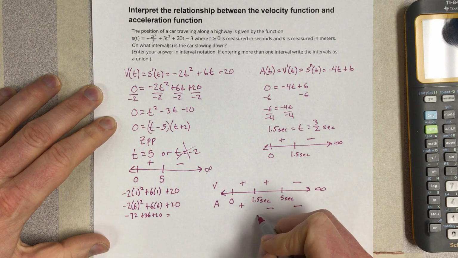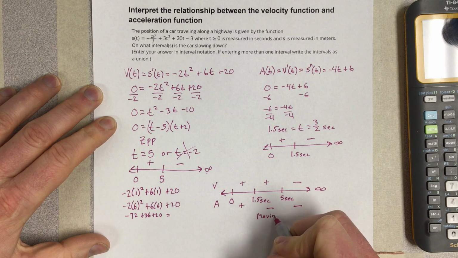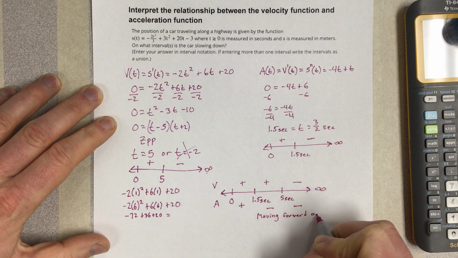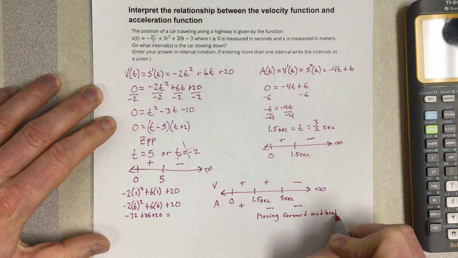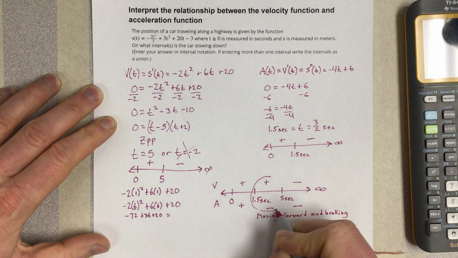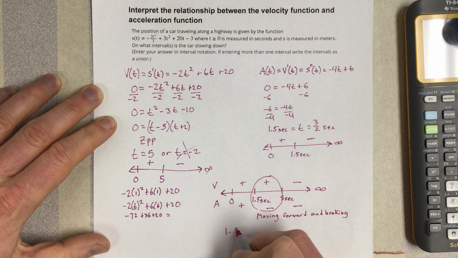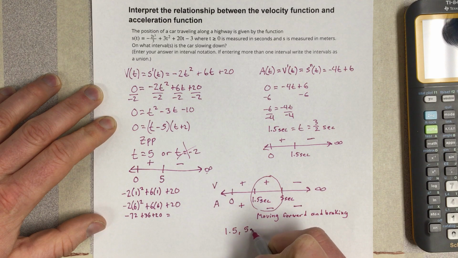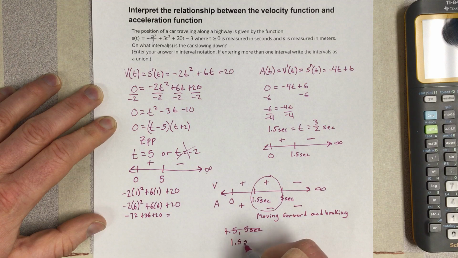So this would be moving forward and braking. That's what this spot would be right here. So from 1.5 seconds to 5 seconds, we are slowing down.